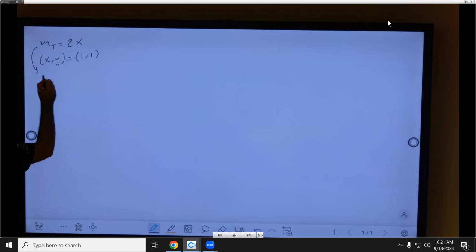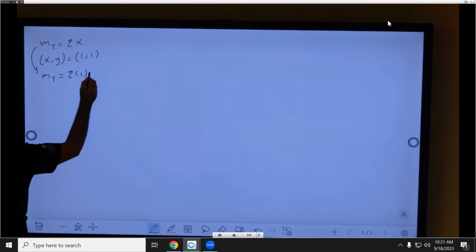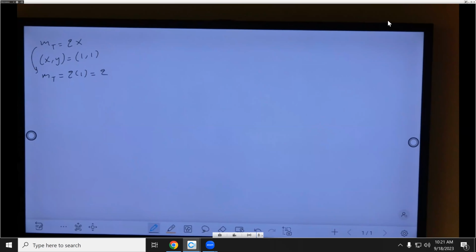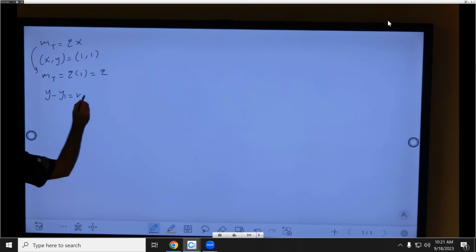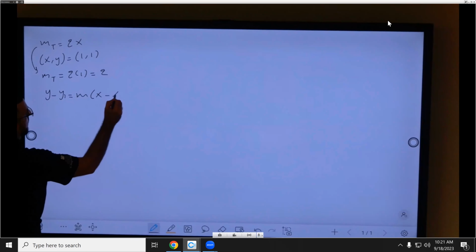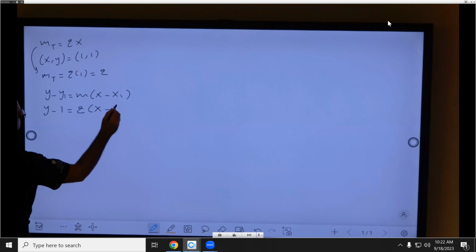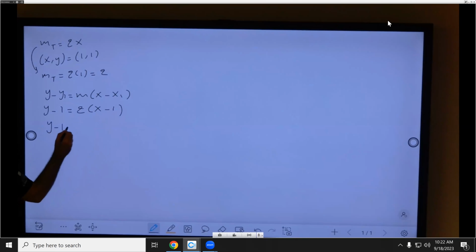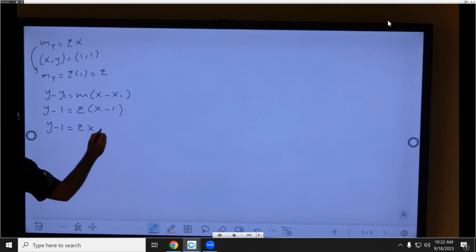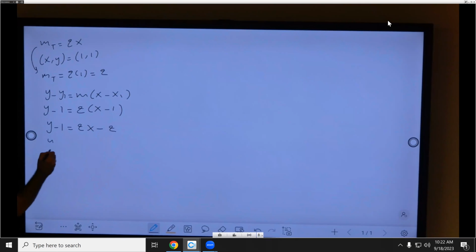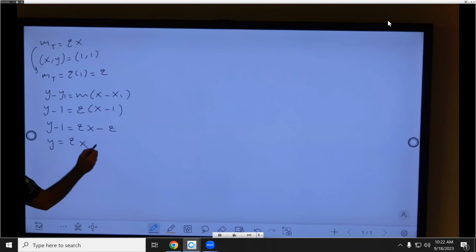That means our slope for the tangent line is 2 times 1, equal 2. Now we go back here and say y minus y1 equals slope times x minus x1. Y minus 1 equals 2 times x minus 1, so y minus 1 equals 2x minus 2. That means y is going to be equal to 2x minus 1.